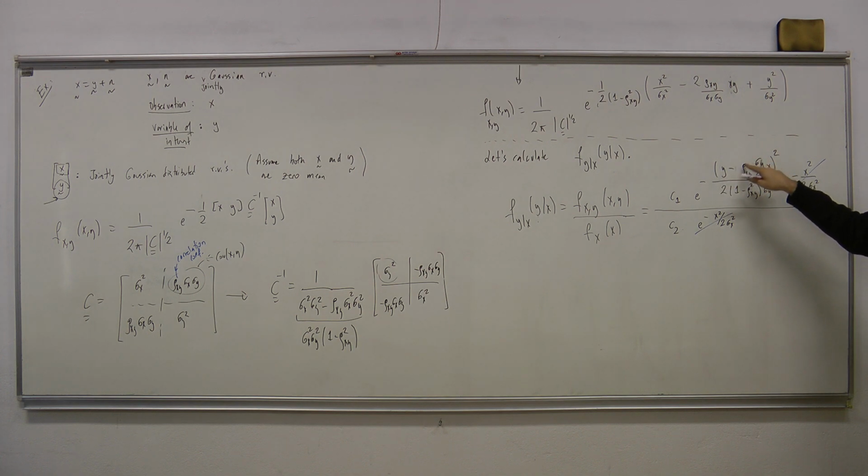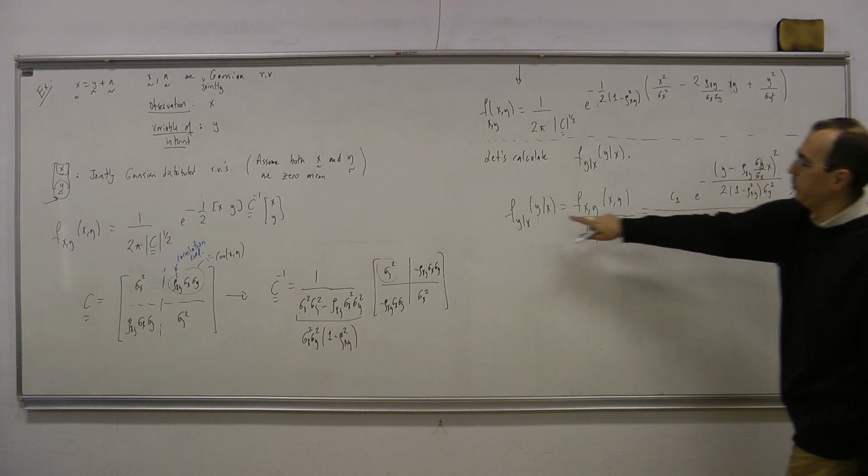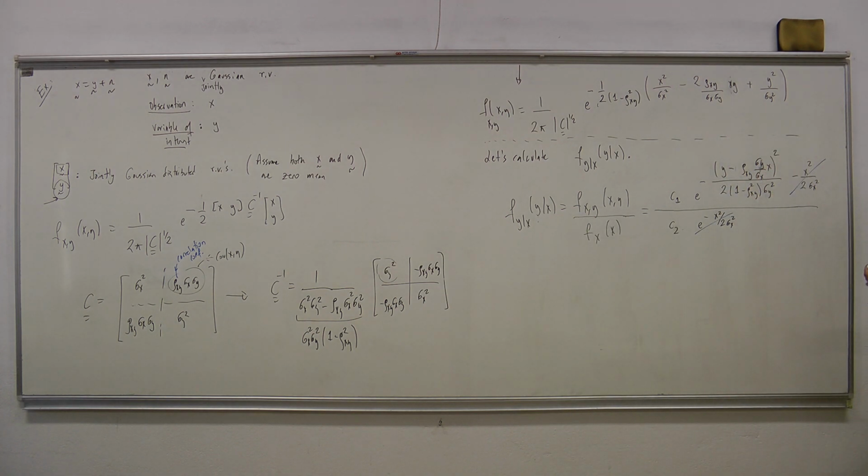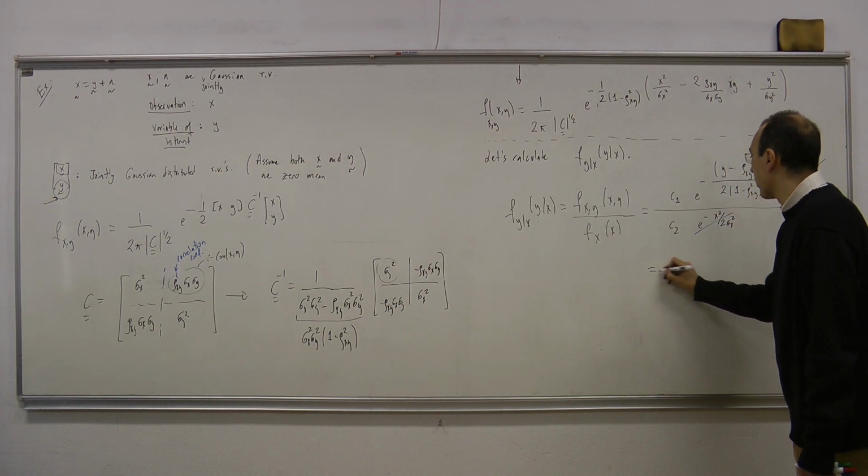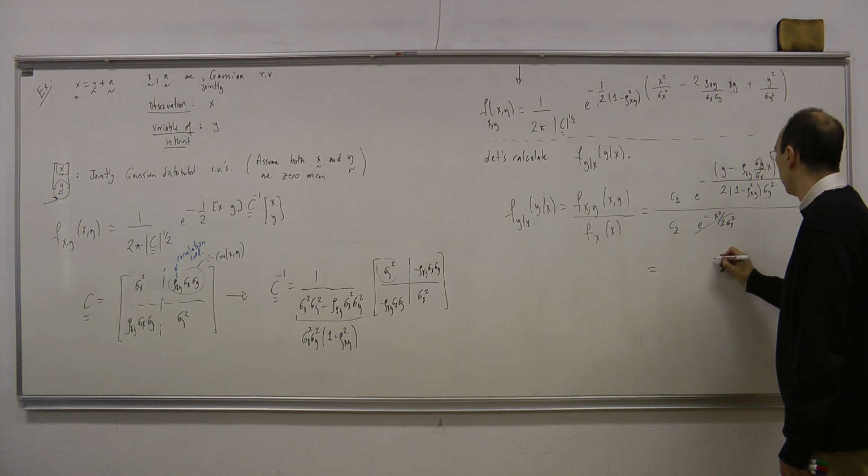So y minus a constant, okay? Because over here I'm assuming that x will be eventually considered as a constant, not a variable. Y will be the random variable. Then what do I have? I have C1 over C2.